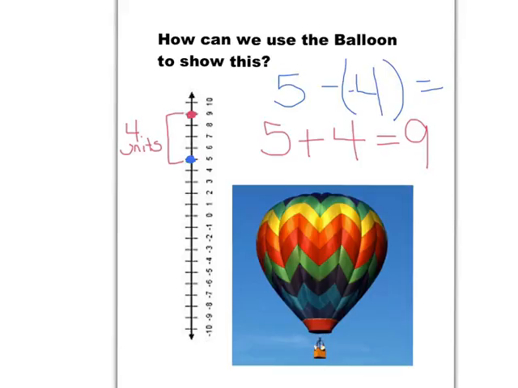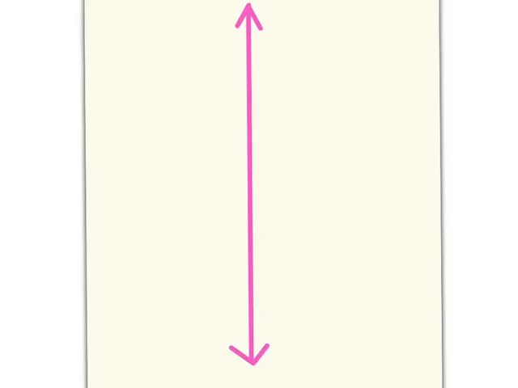Okay, let's go ahead and go to our next slide and show you another way to use the number line. The first thing I also want to tell you is that the symbol for subtraction, the minus sign, has 2 meanings.